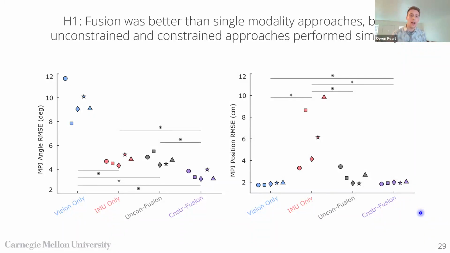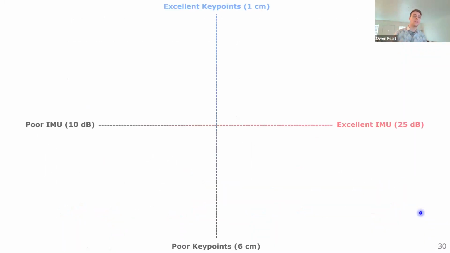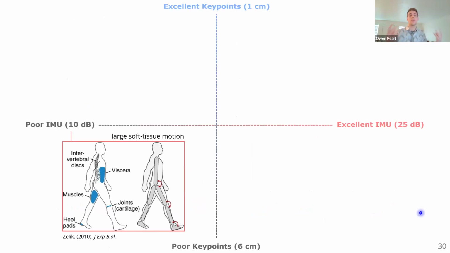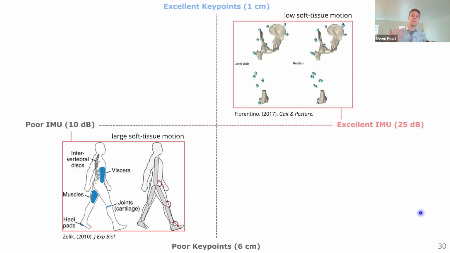But I wanted to look at how that would change when we have different levels of IMU accuracy or key point estimation accuracy. So for instance, if you have individuals with a lot more soft tissue motion on their body, we might not really know where the IMU is in space. There might be some uncertainty, and that could reduce your signal to noise ratio and make things harder or give you lower accuracy when you track that information. When you have less soft tissue motion, maybe you have better IMU data.